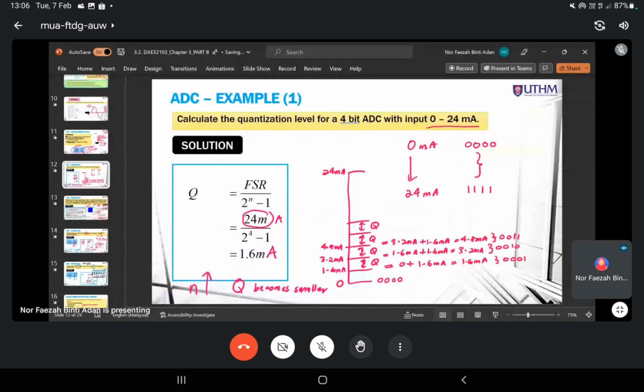The question is here: Q equals FSR over 2^N minus 1. The FSR can be anything you want, whether the signal in amps, the signal in voltage, or you just want to find the physical variable increment. Just use the same equation.